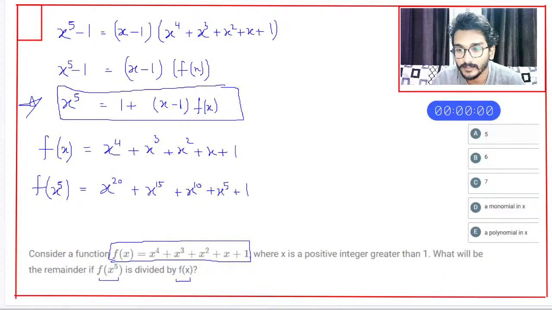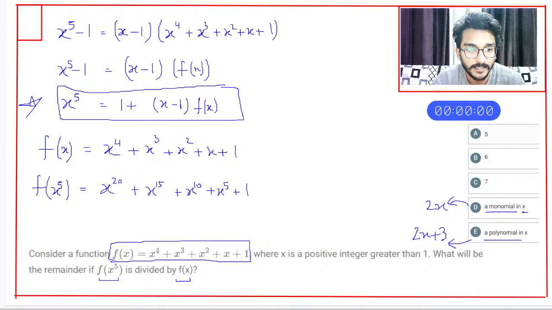If remainder is 0, there is no such option, because it's a monomial in x, meaning the answer is something like 2x. A polynomial in x means something like 2x plus 3. So your option is not matching any of them. Maybe some mistake, of course.